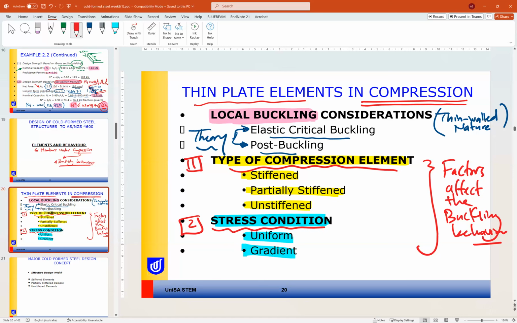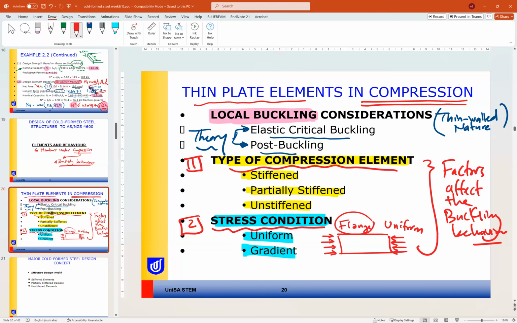Uniform means if this is our plate, we can have the same stress from both directions. So this is uniform, and we will find this mainly in the flanges.